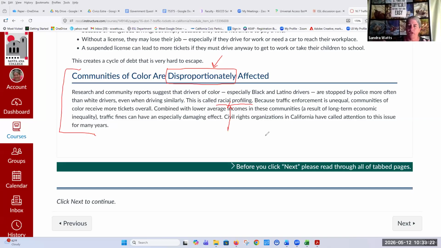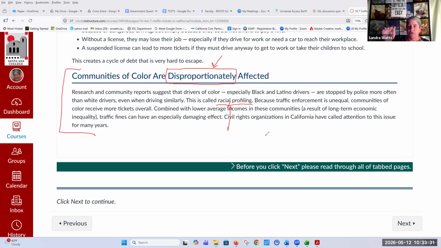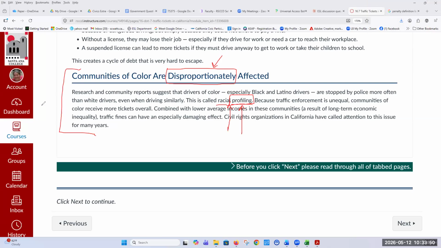Because they think, what are you doing here? You're black. So basically they're assuming that you're a bad person or you're doing something wrong because you're the wrong color. And that's profiling, when they literally go after people because of a certain color or a certain age or a certain something. Thank you, teacher.